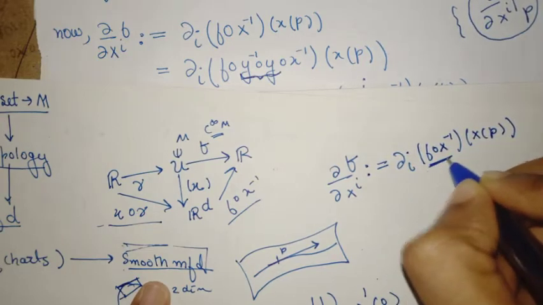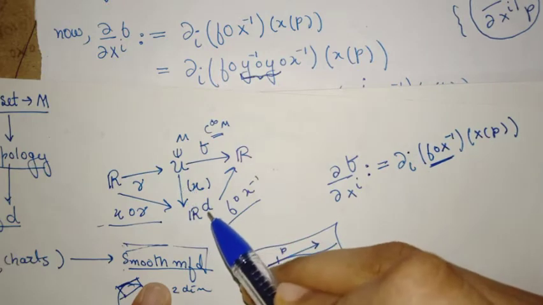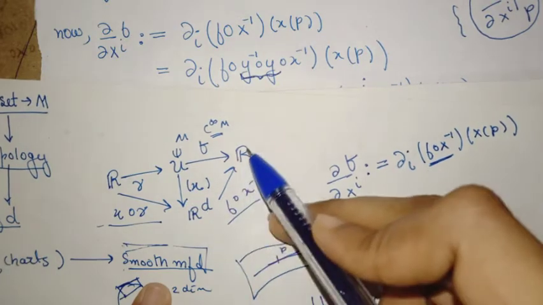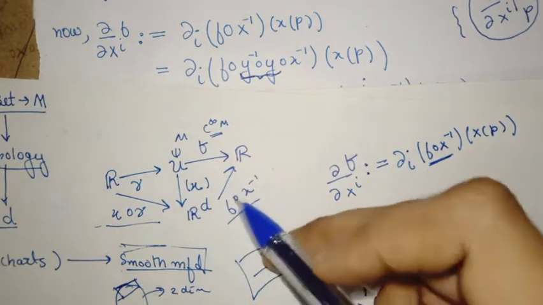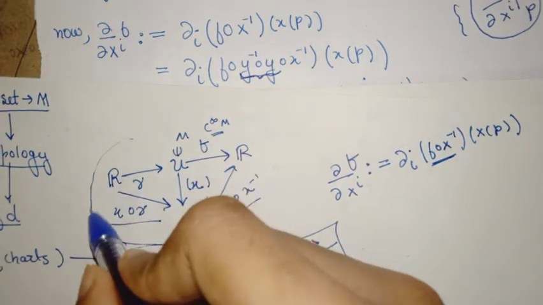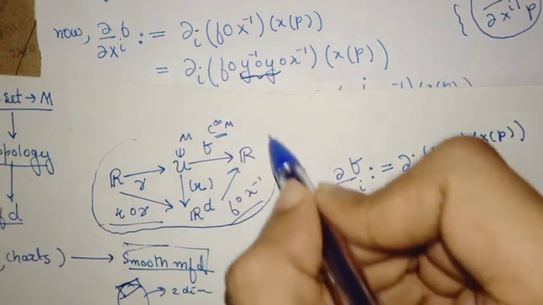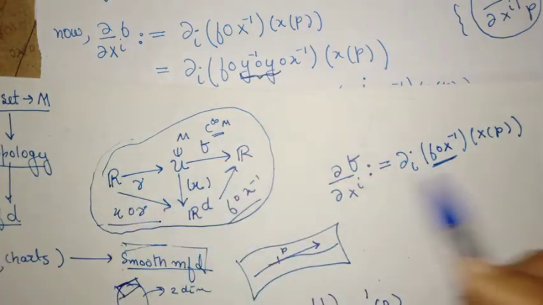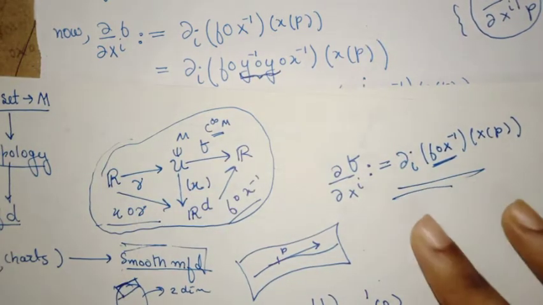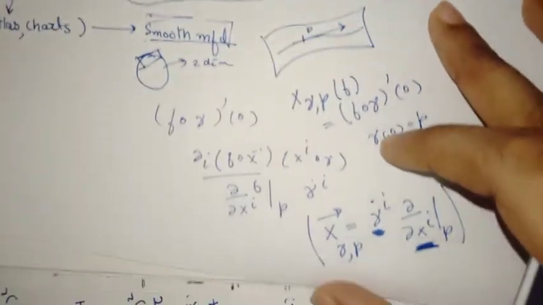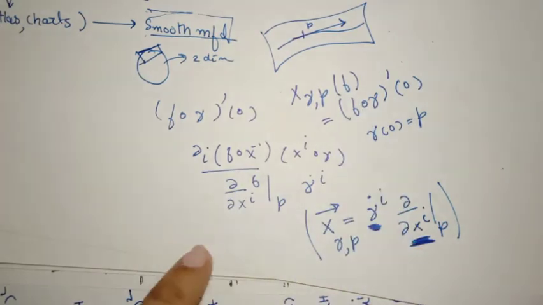So f of x inverse, in this diagram, you see it is this map from Rd to R, and if we remember this diagram, it is very easy to see why this definition is obvious, which I derived in this part.